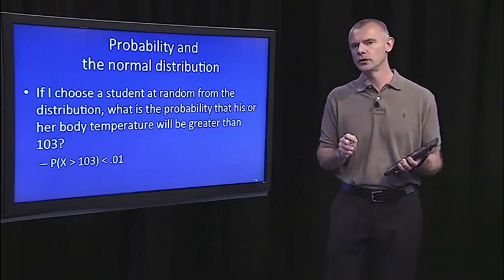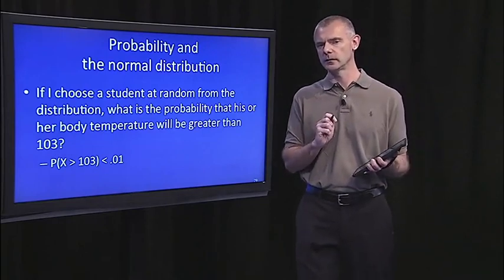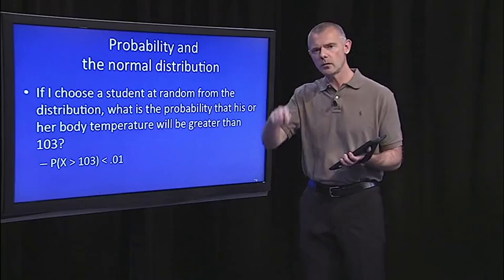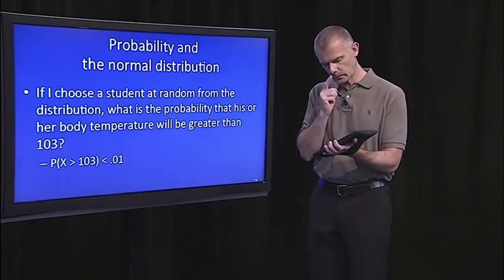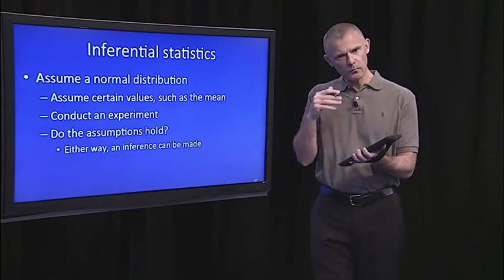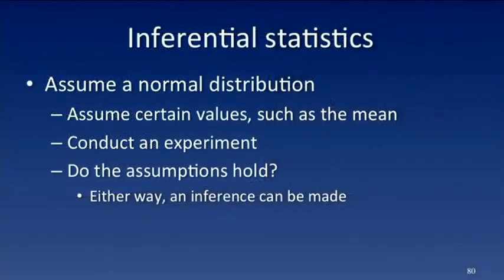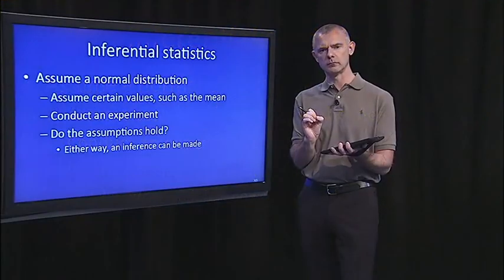That's exactly what we're going to do in inferential statistics. We're going to assume a normal distribution with certain properties, and we'll assume certain values, like what's the mean of that distribution, and then we'll conduct, say, an experiment, and we'll measure the same variables again, and we'll see, do they still fall into that assumed normal distribution?